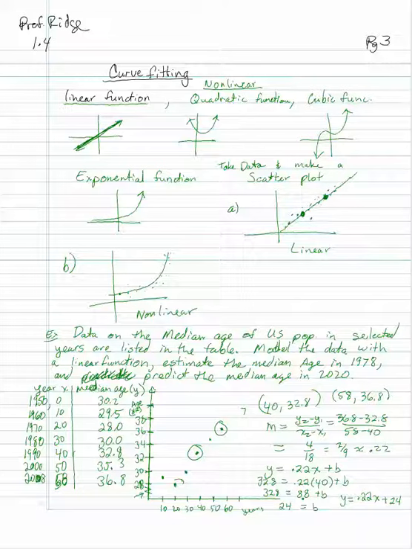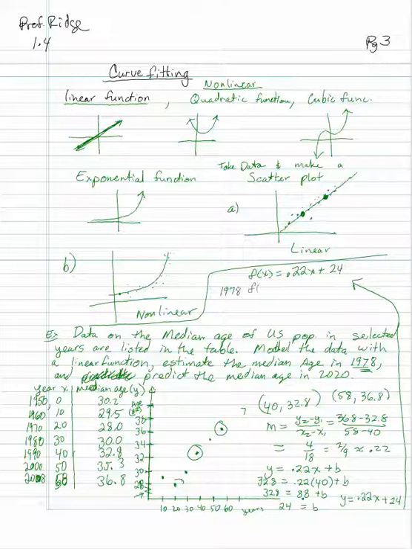Now use this function to estimate the median age in 1978. Since 1950 is 0, 1978 would be 28. So we have f of x equals 0.22x plus 24, and I'm going to plug in 28 and punch that into my calculator.